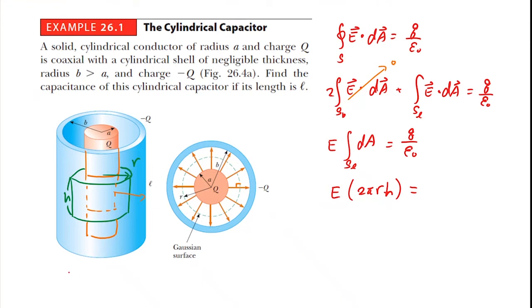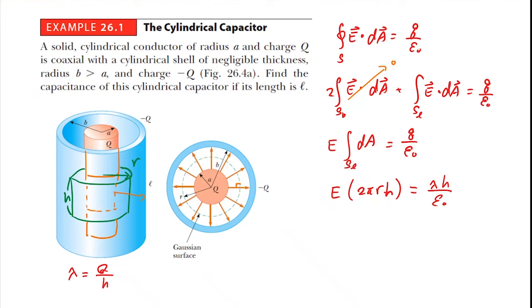Good? Now we have to calculate the charge inside this thing. So let's define charge density, lambda, to be the total charge of the inside thingy divided by the length h. Good? This is a really good practice. Now, you get a feeling that the outside charge does not really matter. Even if it's not there, we get exactly the same amount of electric field. So we have length density, lambda, times h would be the total charge inside the surface.